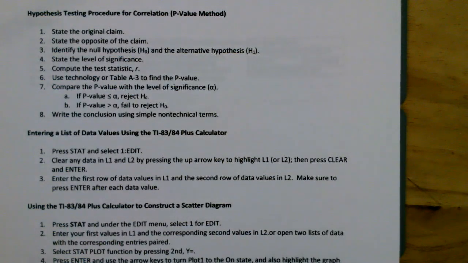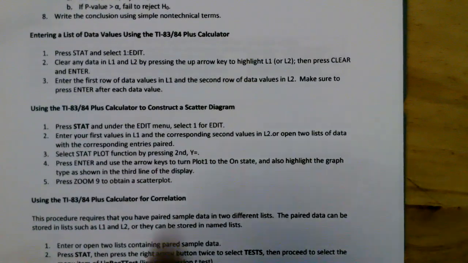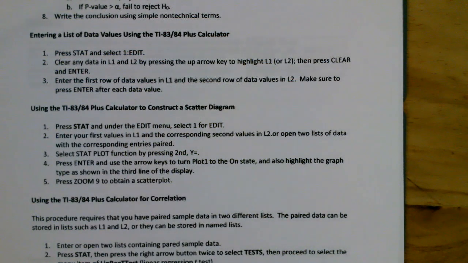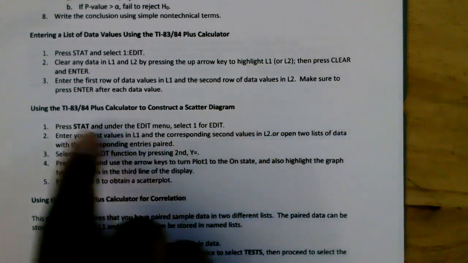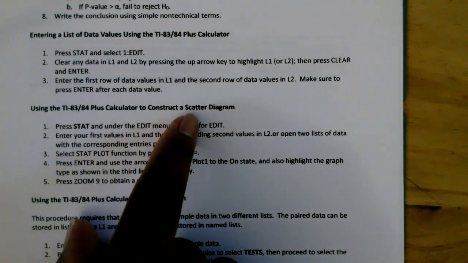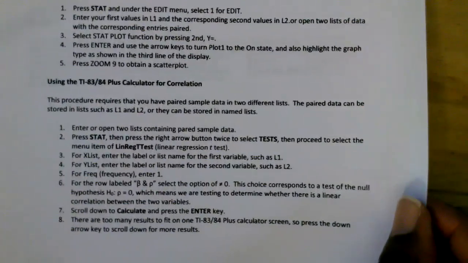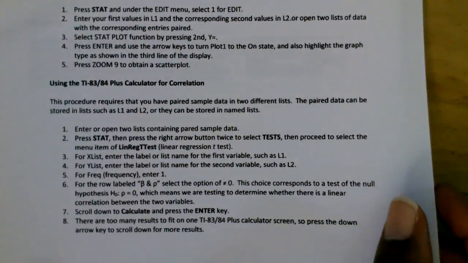And I've also included the procedure for entering a list of data using the TI 83 and 84 plus calculator, and for constructing a diagram. And of course, we'll talk about the linear regression t-test.